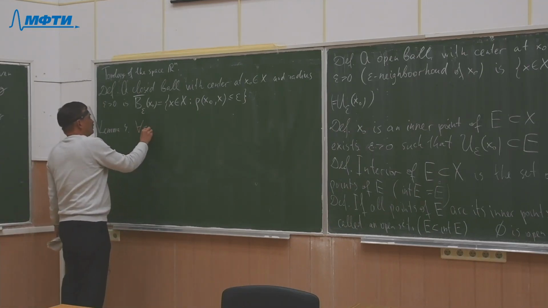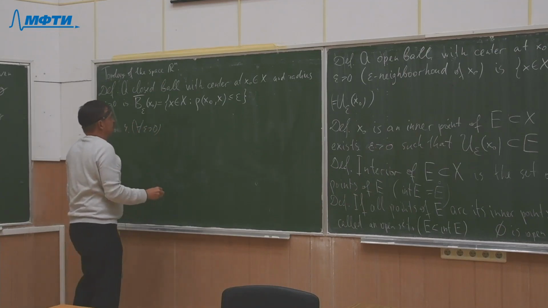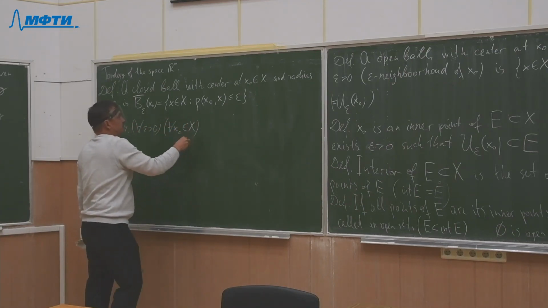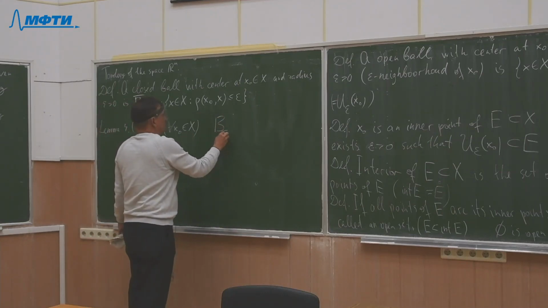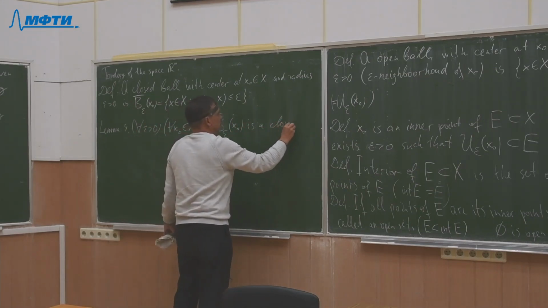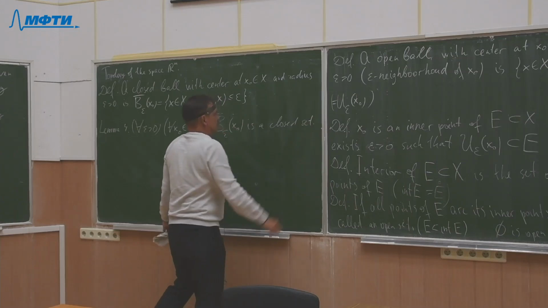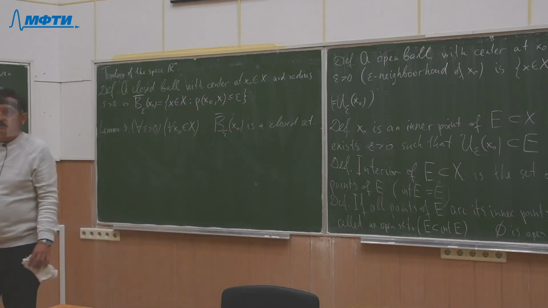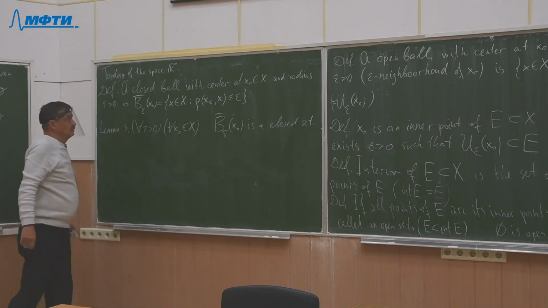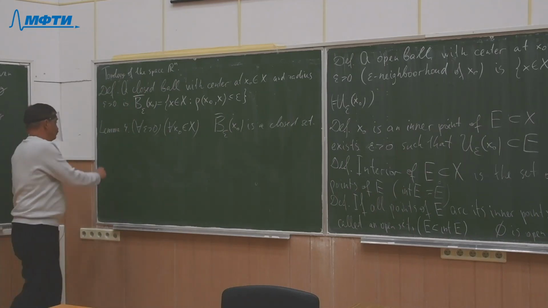For arbitrary epsilon greater than 0 and for arbitrary x naught in X, the closed ball is a closed set. So once again, like before, we need to check if that word was chosen correctly. So proof.